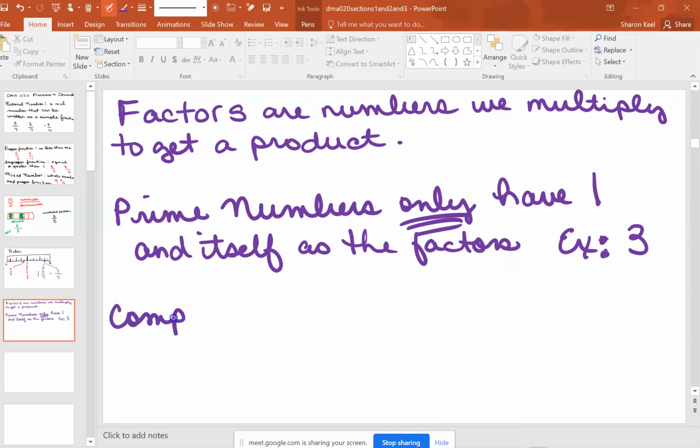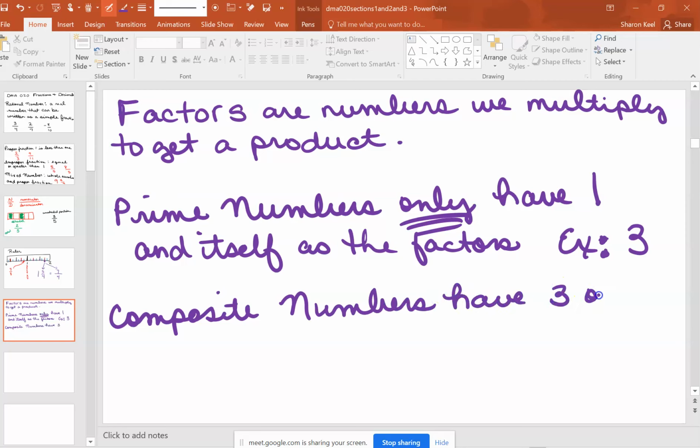Composite numbers have 3 or more factors. For example, for the number 3, we only have 1 times 3 as factors.